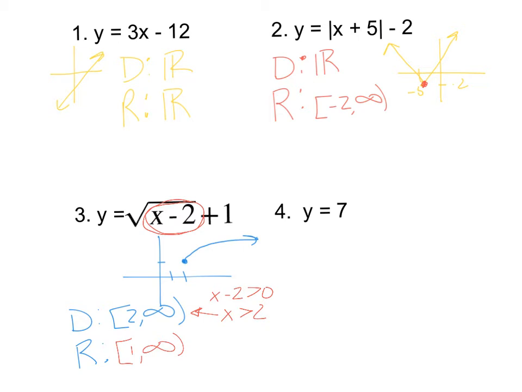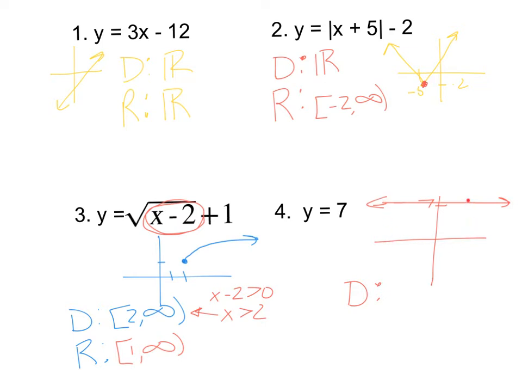All right, y equals 7. So this is one that throws kids off. Think about what the graph looks like. y equals 7 is just a horizontal line through 7. What is the domain? Well, every x value has a y value, right? If I'm here, then I'm there.